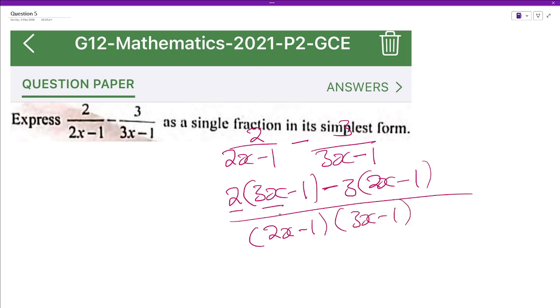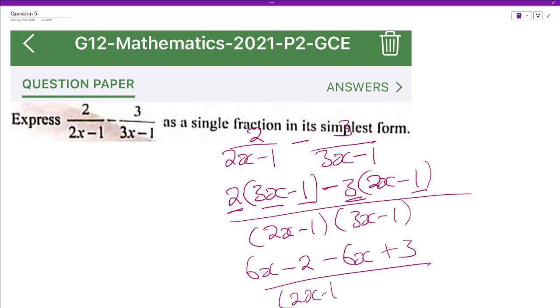Okay, 2 times 3x, 6x. 2 times negative 1, negative 2. Okay, negative 3 times 2x, negative 6x. Negative 3 times negative 1, that's positive 3. Everything over 2x minus 1, 3x minus 1.